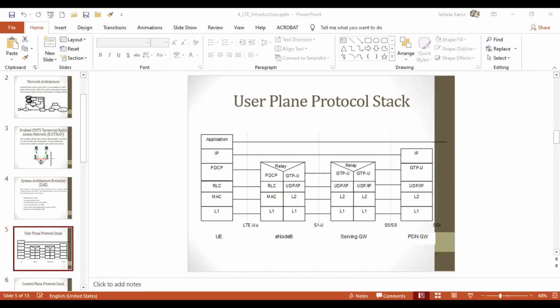On the eNodeB side, after the physical layer operation, it will forward it to the MAC layer. The MAC layer may have added some header, and the header fields indicate something.